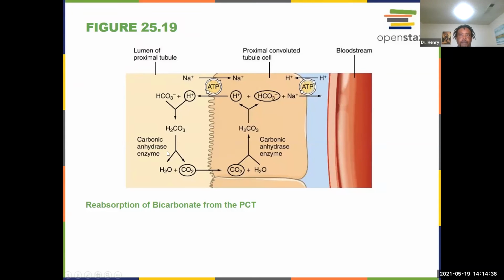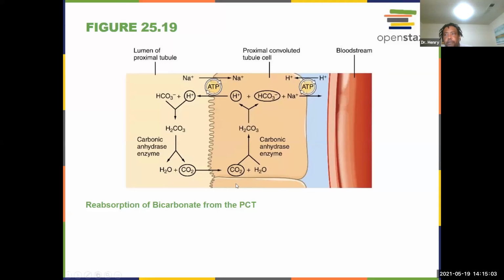We also have an enzyme in our body, carbonic anhydrase enzyme, which basically removes that water and makes carbon dioxide, but it makes it happen in a more efficient and controlled manner in our body. So we know that enzymes just speed up the reaction. They're just speeding up this reaction here. So then we get water and carbon dioxide absorbed by the tubule cell here.